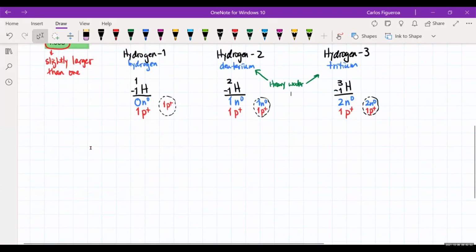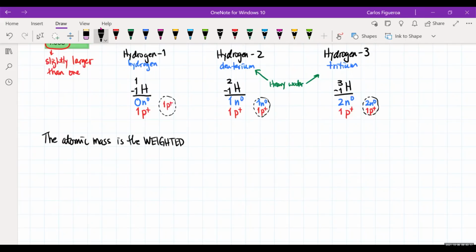So then the question is this here. The atomic mass of hydrogen is a weighted average. What does that mean? The atomic mass is the weighted average of all isotopes.